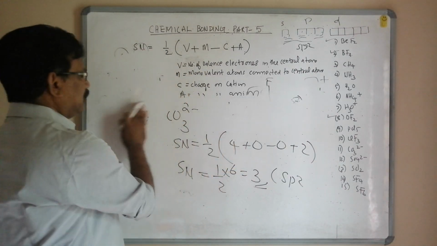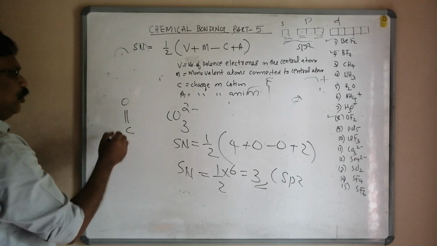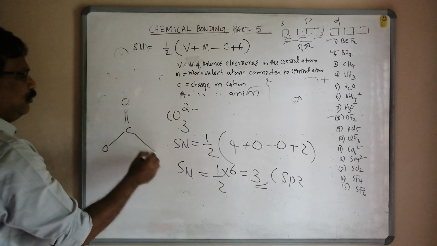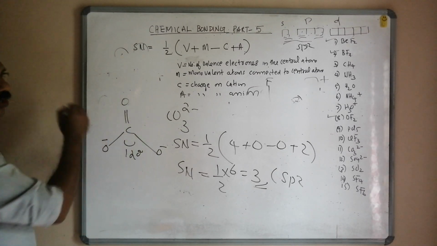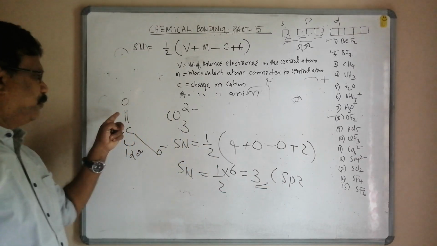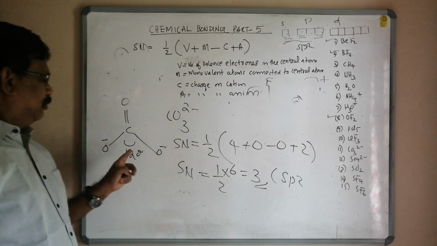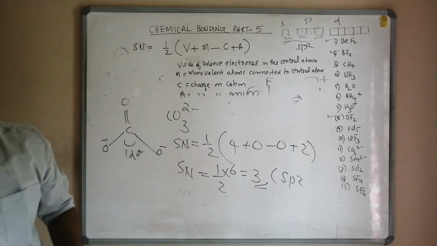So shape planar, carbon in CO3 2 minus, bond angle 120°. Hybridization sp2. Shape triangular, bond angle 120°. This is about CO3 2 minus.